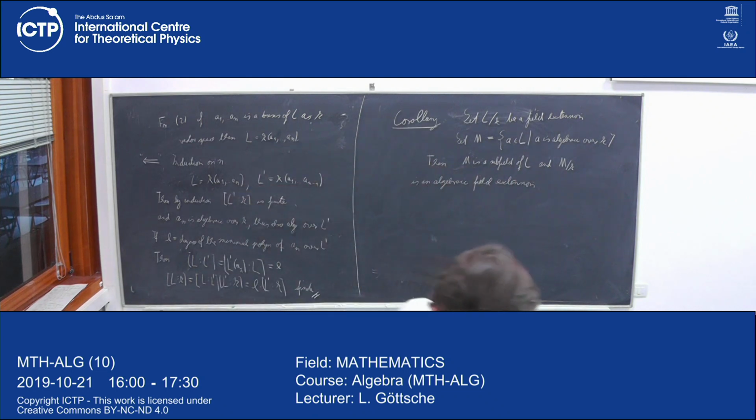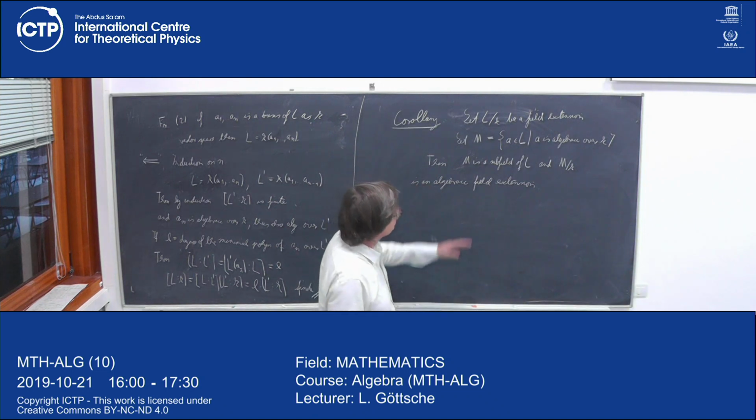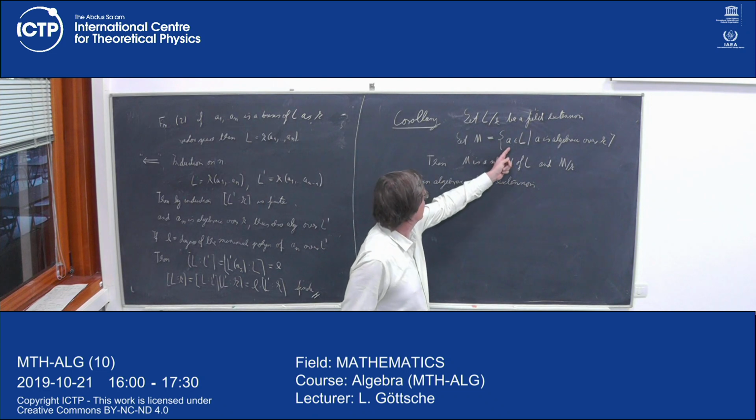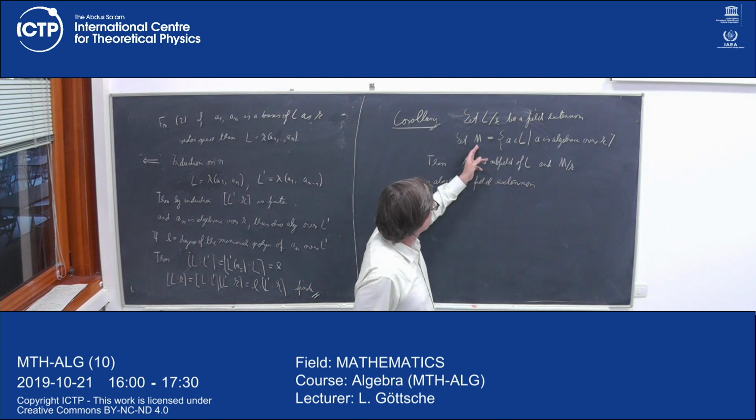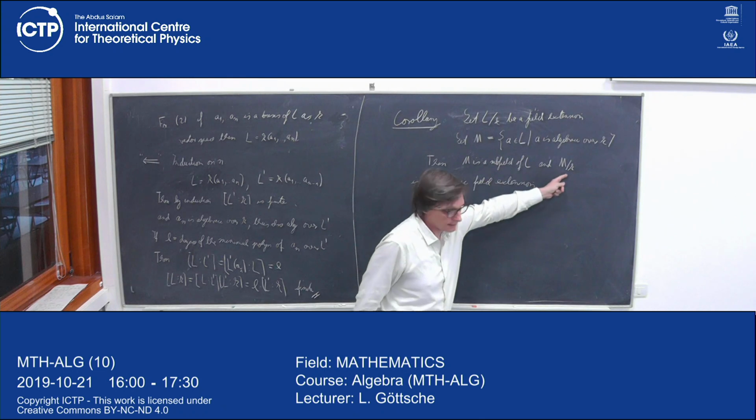So obviously by definition every element in M is algebraic over K, so M over K is an algebraic field extension if it is a field extension.